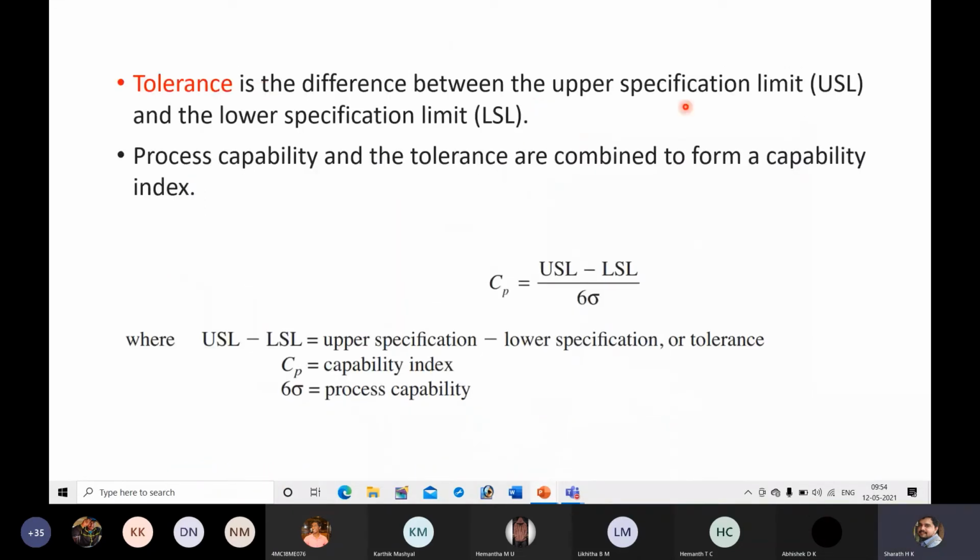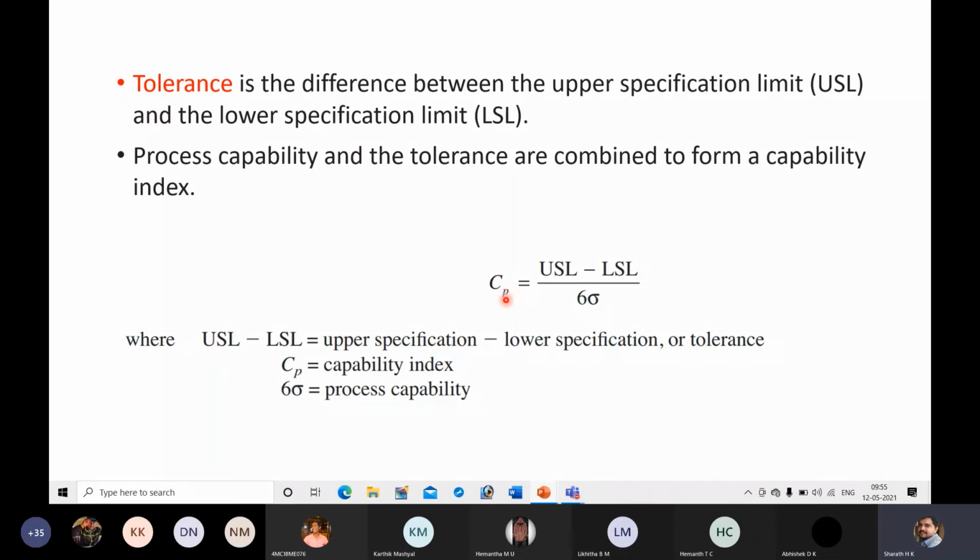Tolerance is the difference between the upper specification limit and the lower specification limit. So USL minus LSL, this difference will give you tolerance. Process capability and the tolerance are combined to form a capability index that is denoted by Cp.